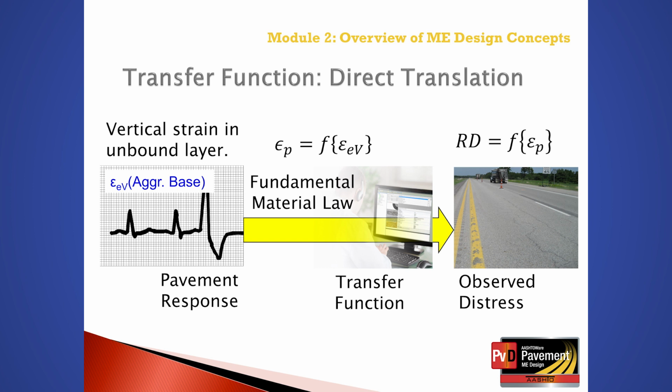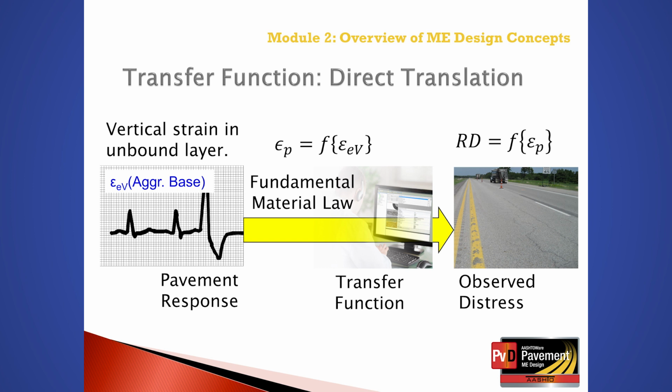For the example on the screen, the elastic vertical strain shown on the screen is calculated in an unbound aggregate base layer using Julea. The elastic vertical strain is used to calculate the plastic strain, noted as epsilon subscript p, in the unbound aggregate base, using the fundamental material law for rutting in the aggregate base layer.